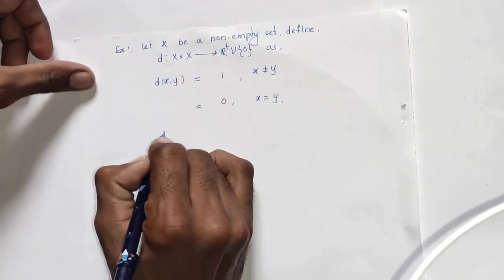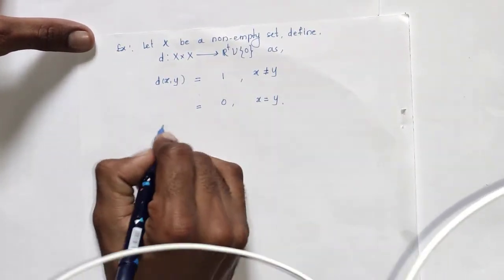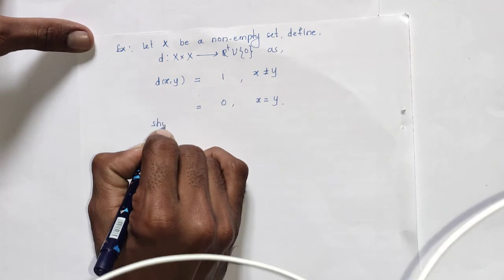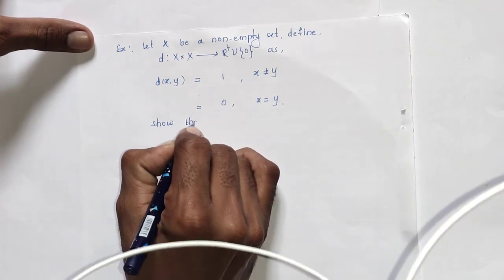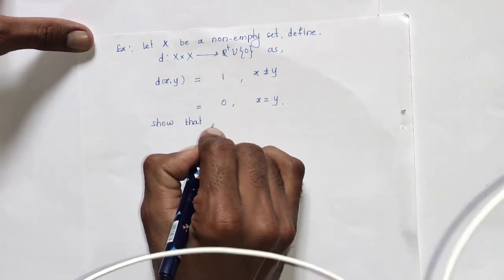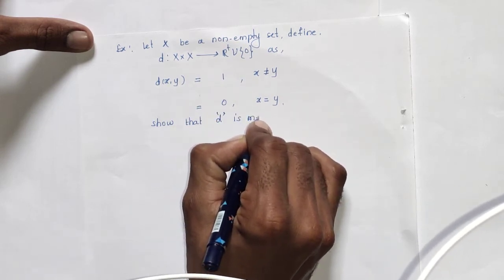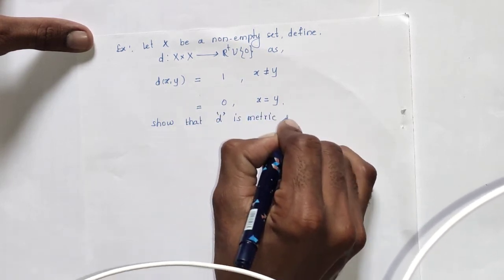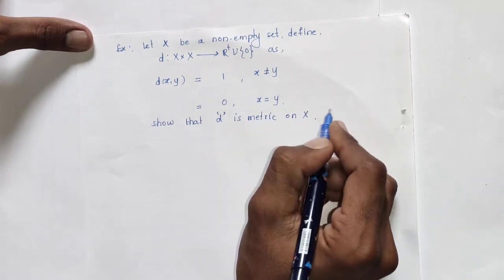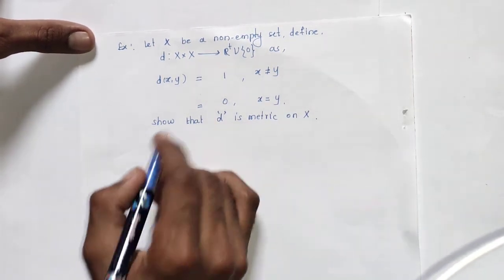Show that this d is a metric on X, or (X, d) is a metric space.